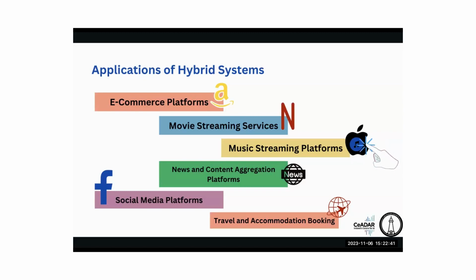The next important thing is our news content aggregation platforms. Hybrid systems are very useful for news and content. Here, collaborative filtering uses the different types of engagement with our articles, our previous historical articles, what type of articles we have seen and everything.